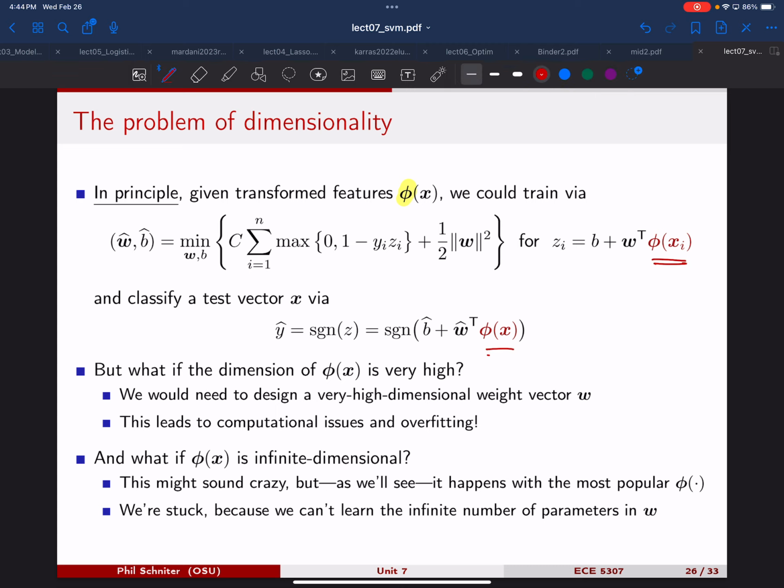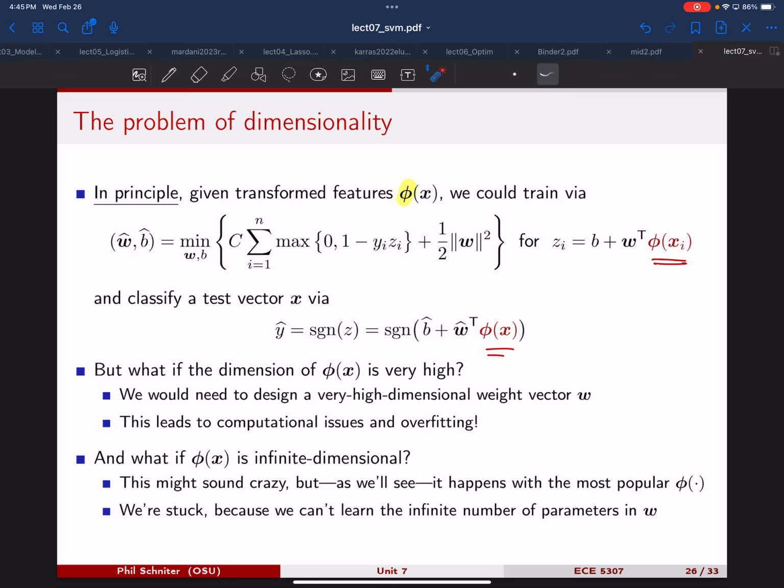So this is fine, except when you start thinking about it, and again, like I said, what's typically done in practice is you want to grow your feature dimension. So maybe for MNIST, if you didn't really know a good phi, maybe you would start with, what is it, 384 pixels? I think that's the number of pixels in MNIST, right? So what if I wanted to do a polynomial transformation of that?